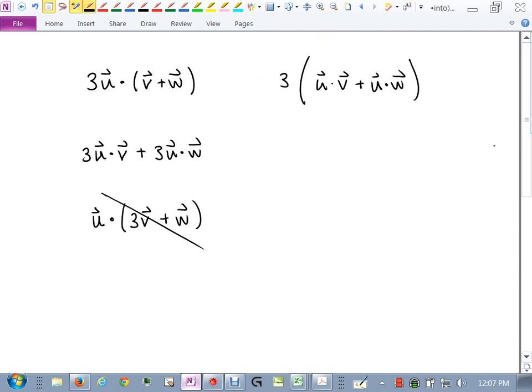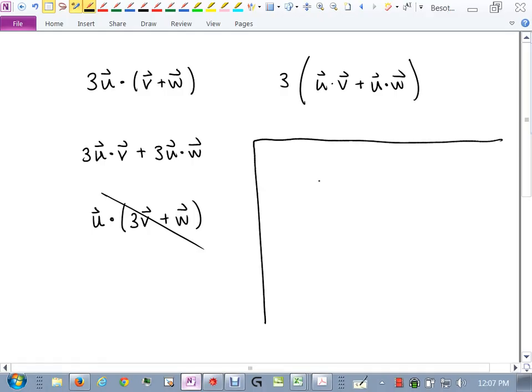How about this? This separate sort of idea here. If I have u dot v dot w, is this equal to u dot v dot u dot w?